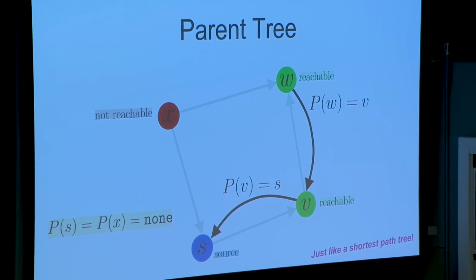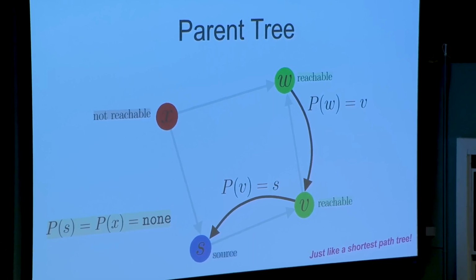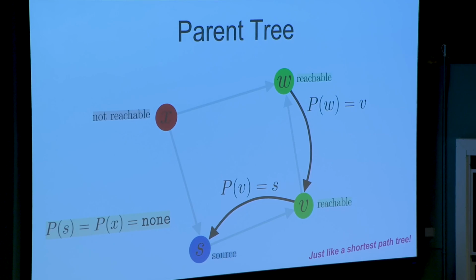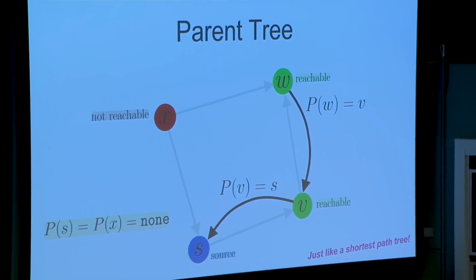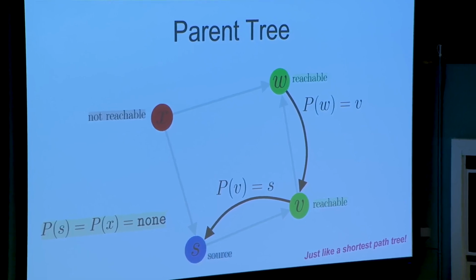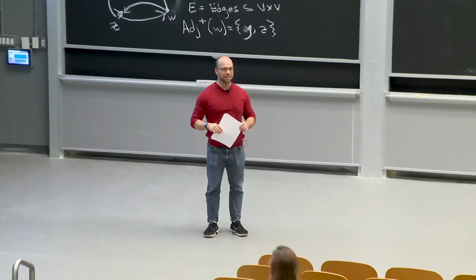And just like last time, if I want to get an actual path from the source to W, what could I do? I could start with W and then keep following those parent relationships until I get back to the source. And then if I flip the order of that list of vertices, I get a path from the source to the target that's valid.